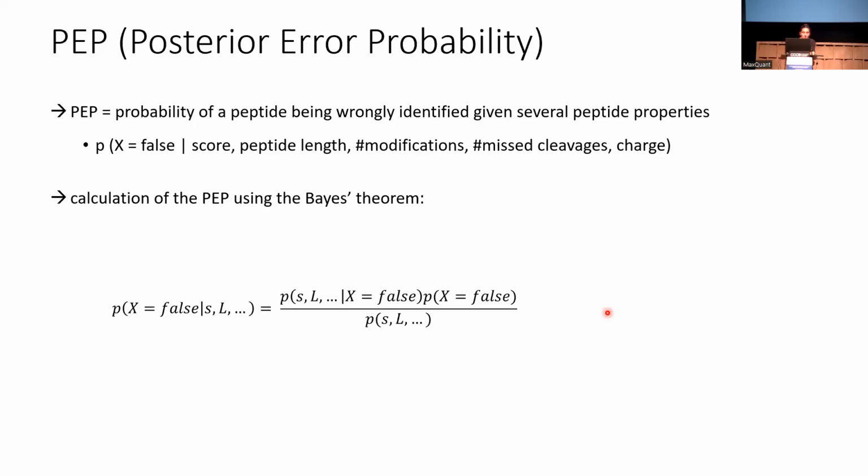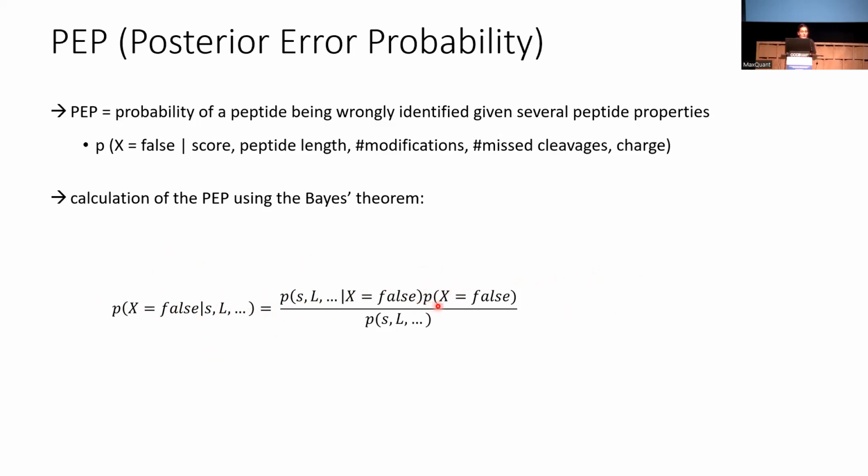We're using Bayes' theorem. You don't have to be scared; it's going to be quite easy to understand. Again, we have this probability, and we're going to invert it to calculate it with Bayes' theorem. So this is going to be equal to the probability of having all of these different features given that the identification is wrong.